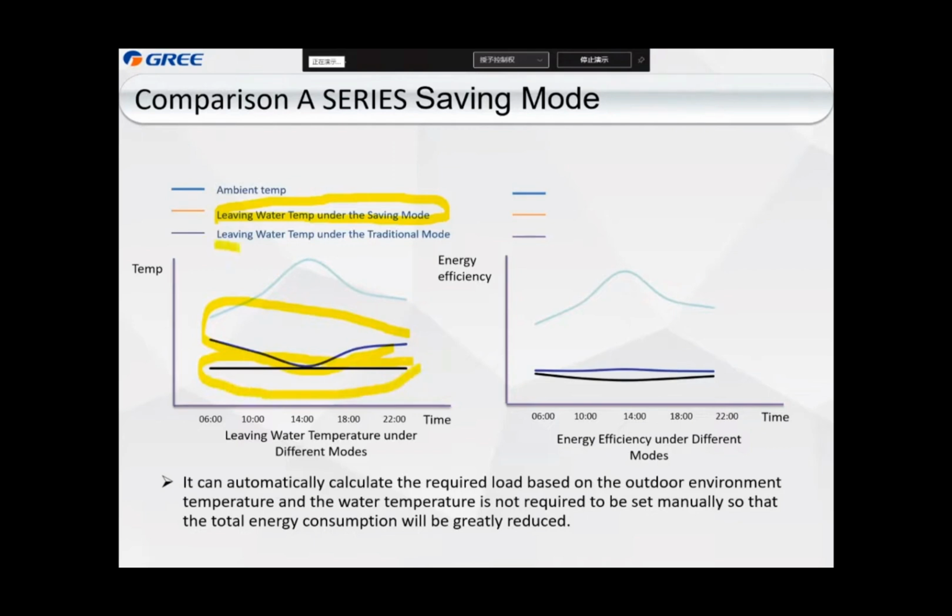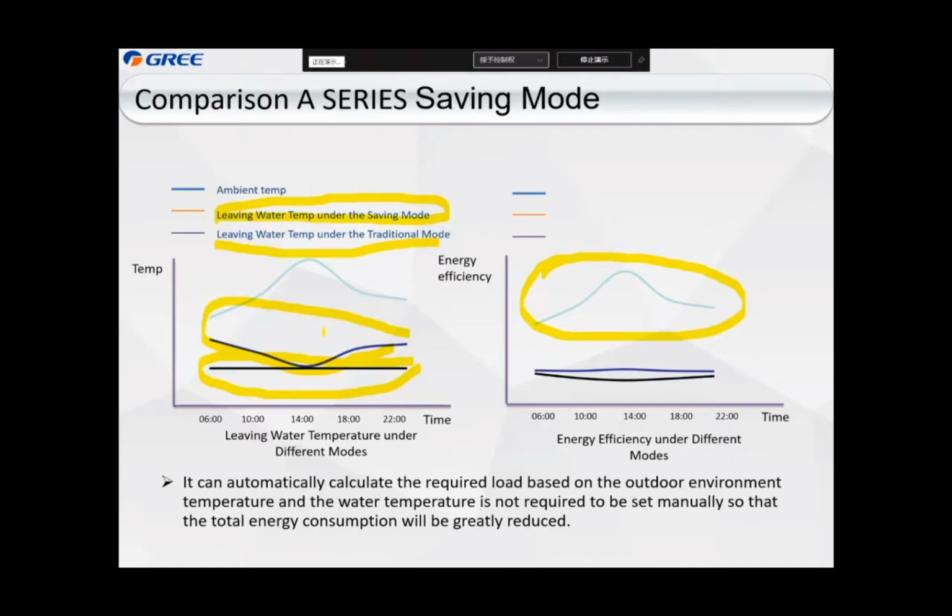Maybe the color is not corresponding. So we can see the leaving water temperature can change as the cooling load changes. When the ambient temperature is lower, the outlet leaving water temperature will become higher, so the energy consumption will decrease because the outlet temperature increases. That means the compressor consumes less energy.